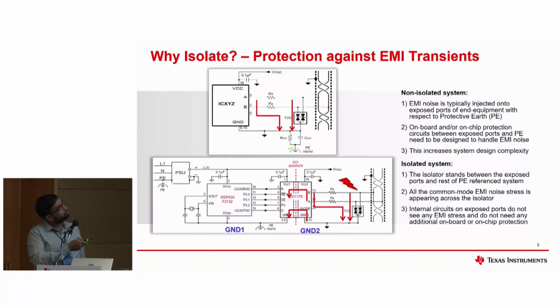generally has a protection diode between the field domain and your device interface. Now the reason this is still not enough is there lies a disconnect between the device ground and your protected earth ground.